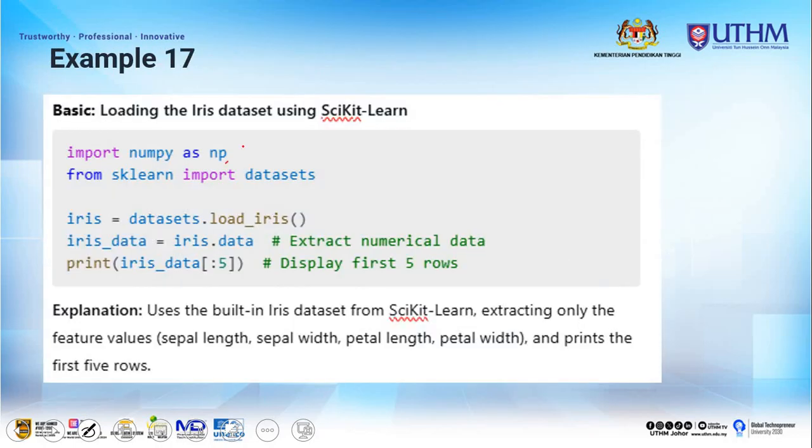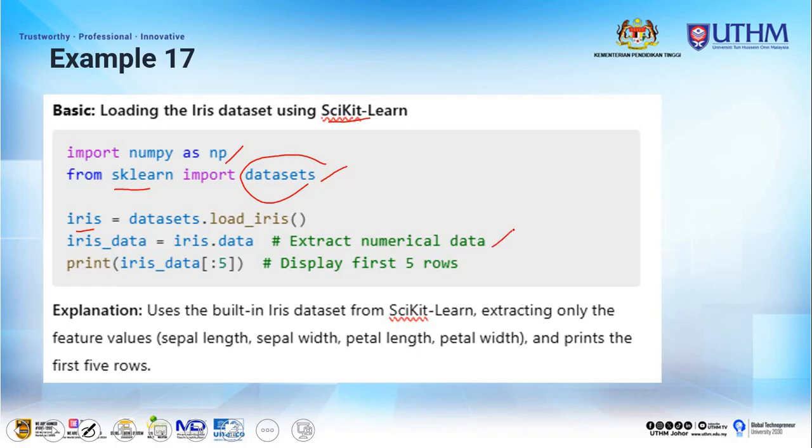So import numpy as np, from sklearn, sklearn is actually scikit-learn, import datasets. Inside datasets itself, we have the iris dataset, equal to datasets.load_iris. iris_data equal to iris.data.